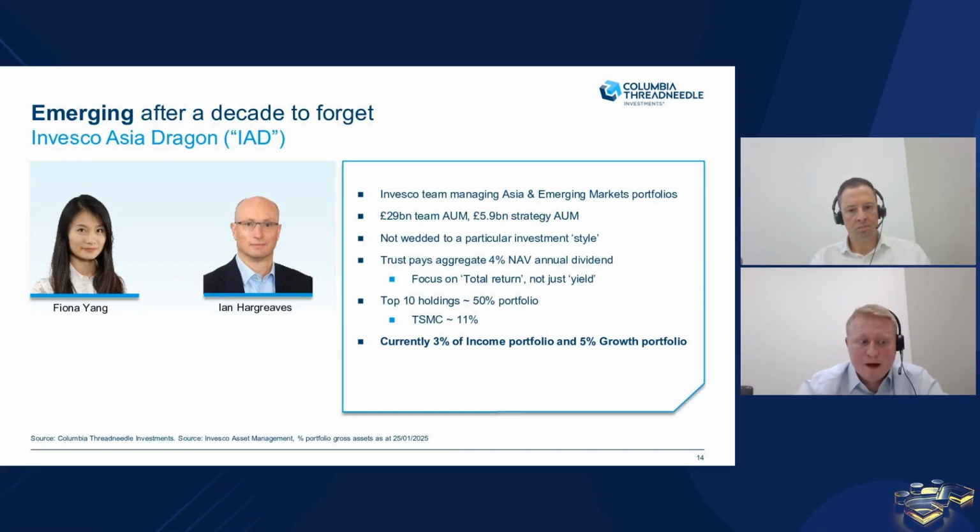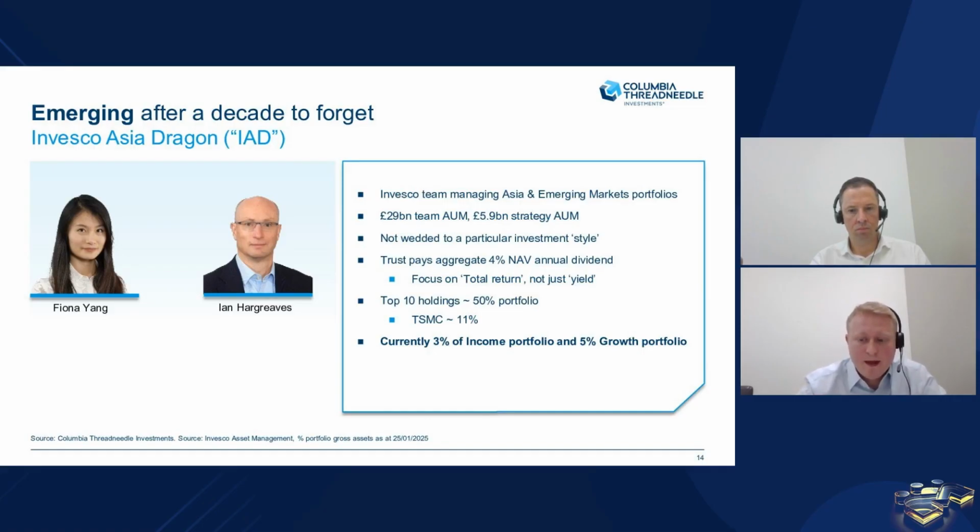But what we are keen not to do is invest for yield's sake only. You may get a higher yield, but if you get capital erosion over time, we don't think that's a great outcome for investors either. So we do spend a lot of time balancing both the capital and the income. The shares in the income portfolio still yield around 6%, which is quite a significant premium to the FTSE All Share equivalent.